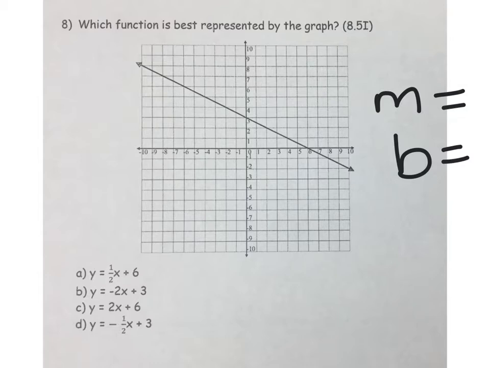Is it A, y equals 1 over 2x plus 6? B, y equals -2 times x plus 3? C, y equals 2x plus 6? Or D, y equals -1/2 x plus 3?